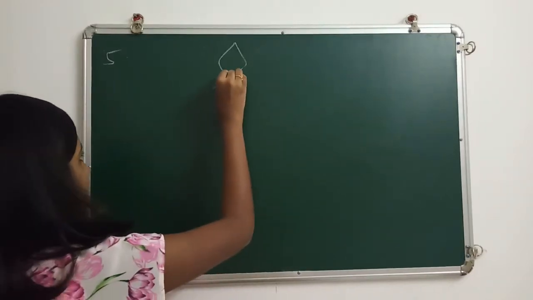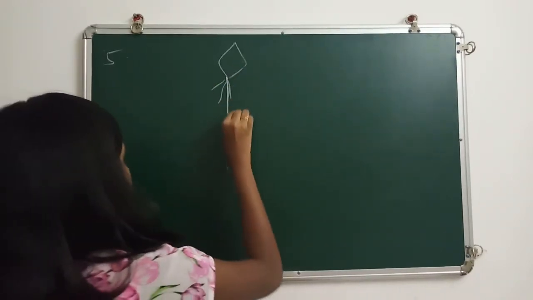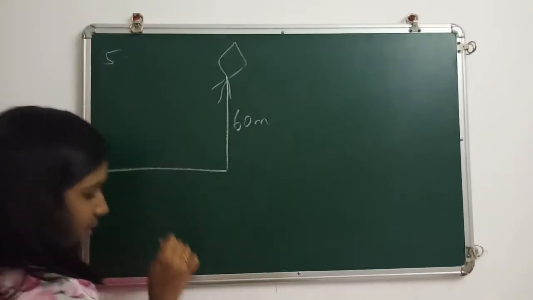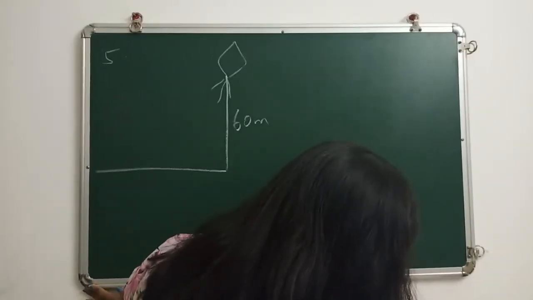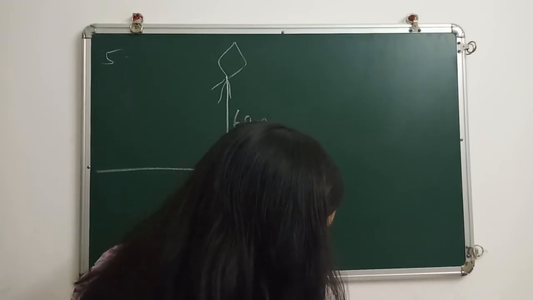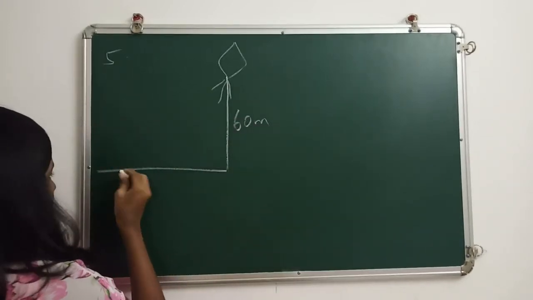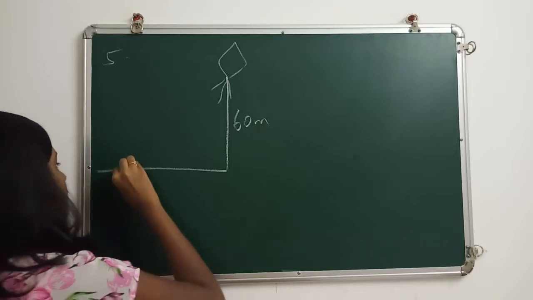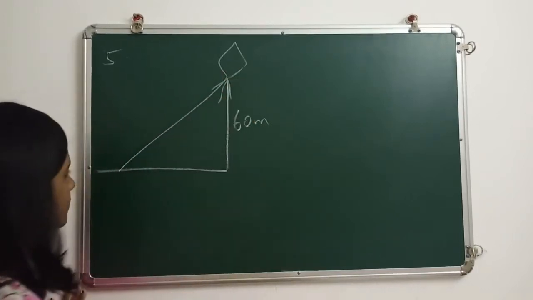So it is flying at the height of 60 meter above the ground. We can take this as ground. The string is attached to the kite, temporarily tied to a point on the ground. We can take this as a point, that is where the string is tied. So from here the string is tied.